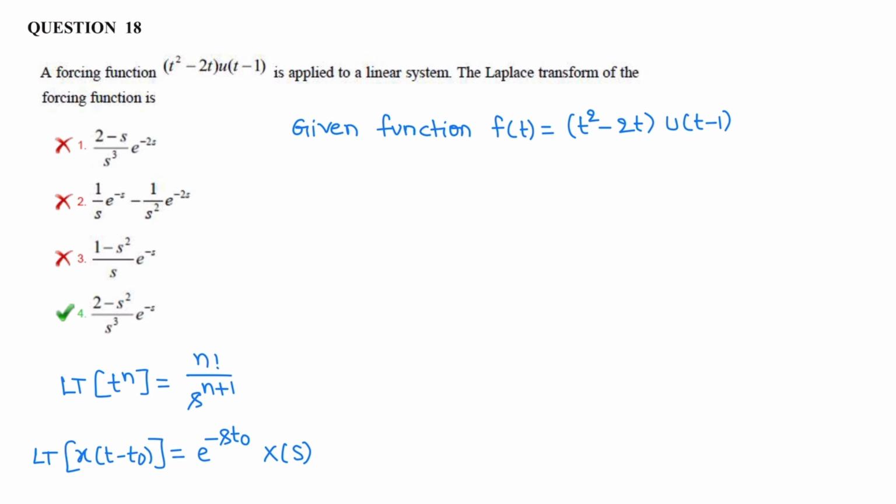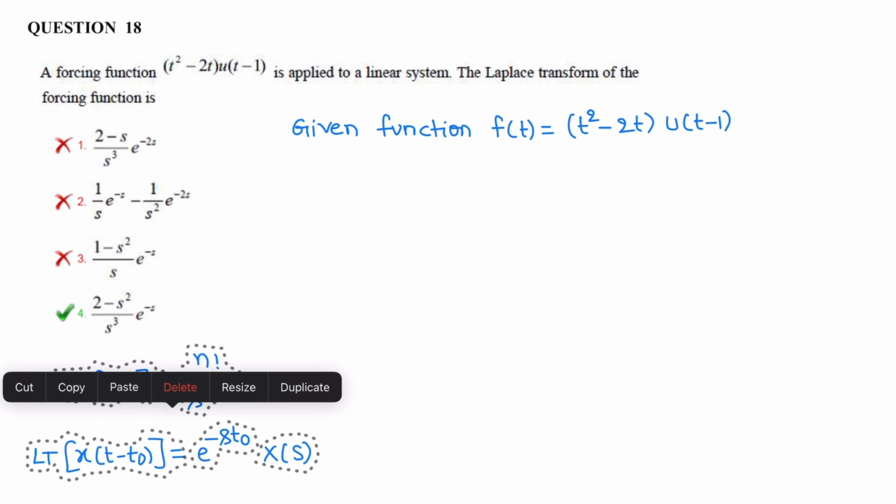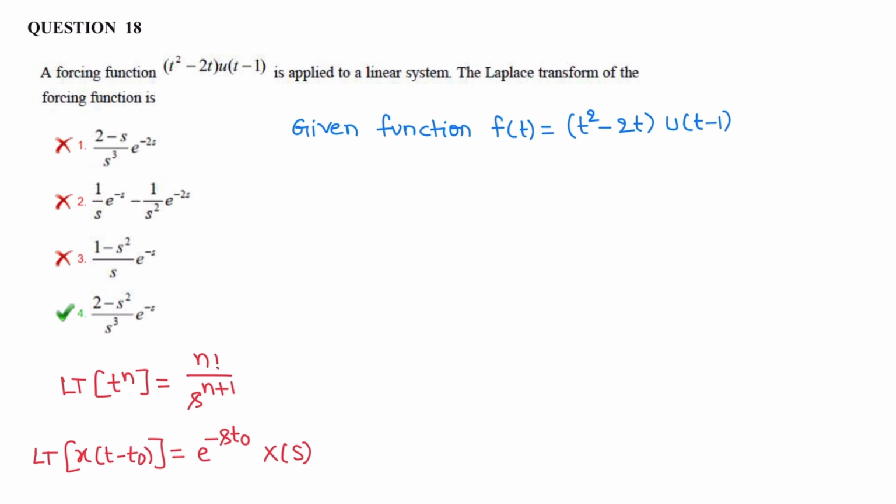We know that the Laplace transform of t power n is n factorial by s power n plus 1, and by the shifting property, the Laplace transform of x of (t minus t naught) is e power minus s t naught times X of s. Using these two formulas, we will solve the given forcing function to find the Laplace transform.